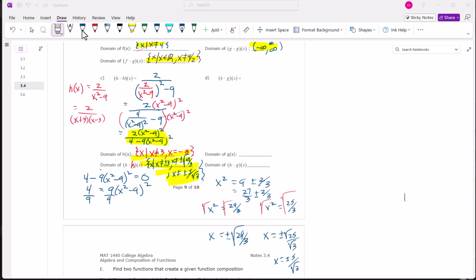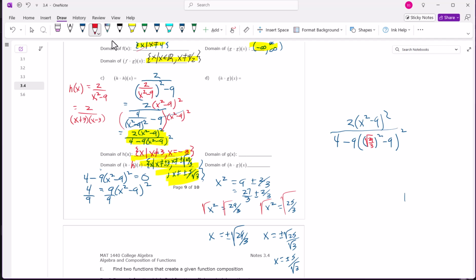Okay, now I'm going to show you something that's kind of weird. Now you get this answer, 2 over x squared minus 9 squared, all over 4 minus 9 times x squared minus 9 squared. Now look what happens if you plug in root 29 over 3.